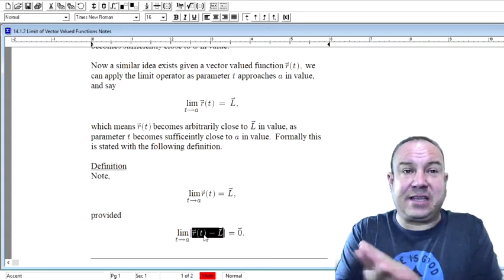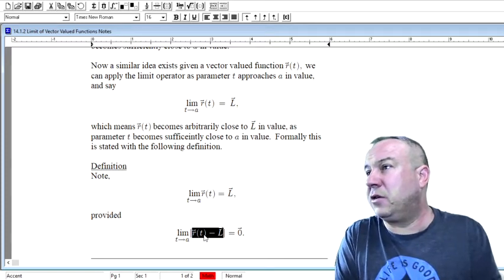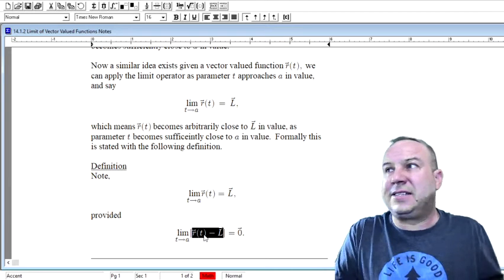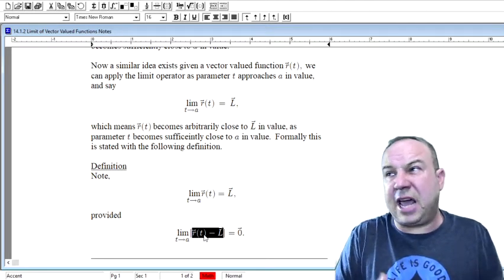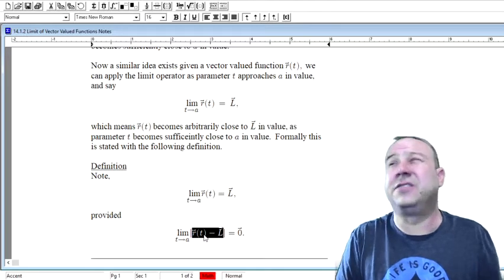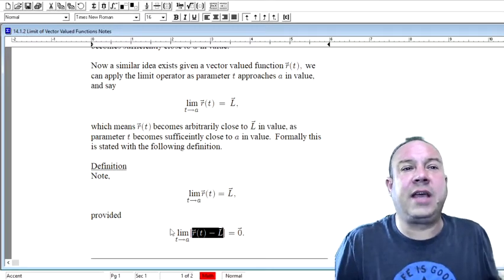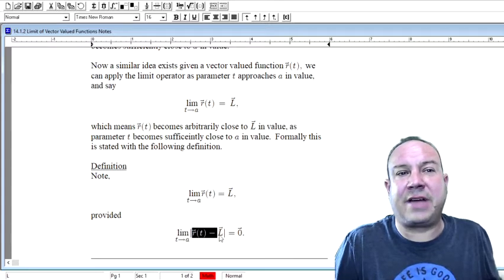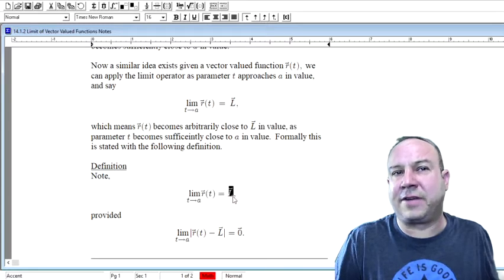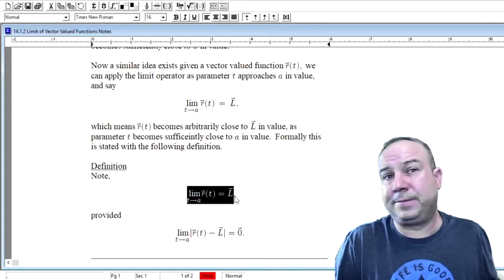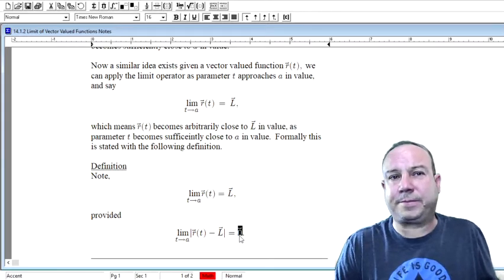So this 0, I do believe, should be a 0 vector because we are looking at, in a sense, the sum or difference of two vectors, where we understand the behavior for a sum or difference of two vectors is itself a vector. All right? So we are looking at the limit of another vector-valued function given by this difference, which should, in a sense, be itself a vector-valued function implied by the definition. So I'm going to say this is provided that we are dealing with the 0 vector.